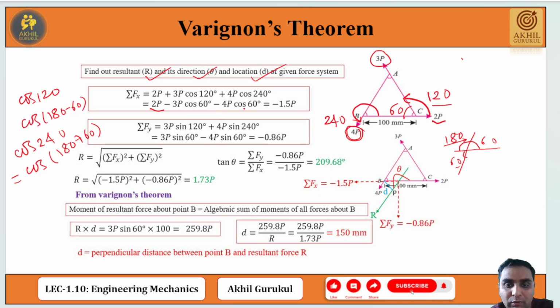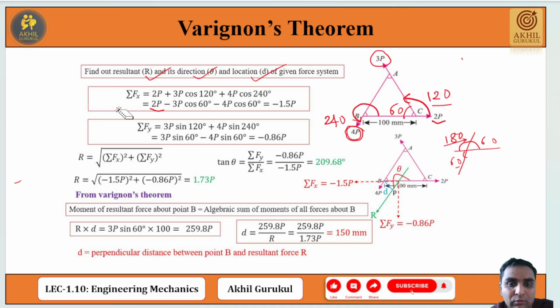So minus 4P cos 60. So the algebraic sum is equal to minus 1.5P. So the effect of all forces in x direction is minus 1.5P.